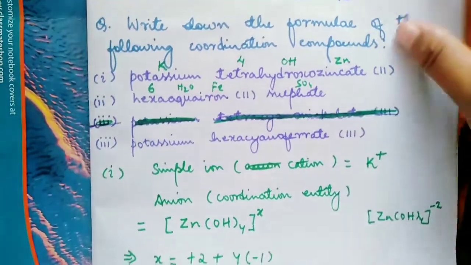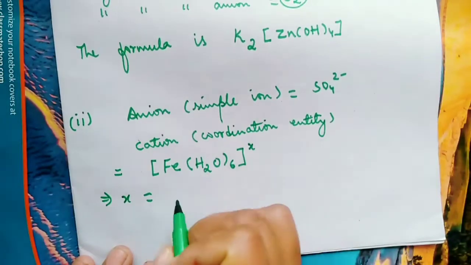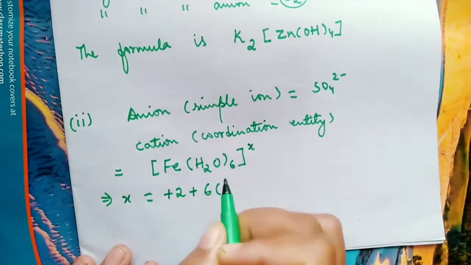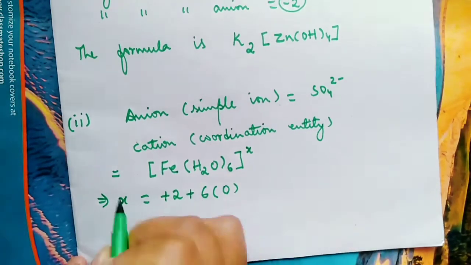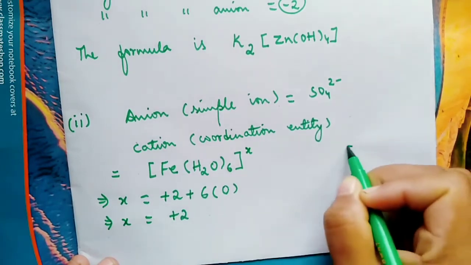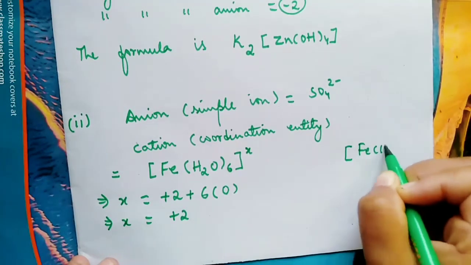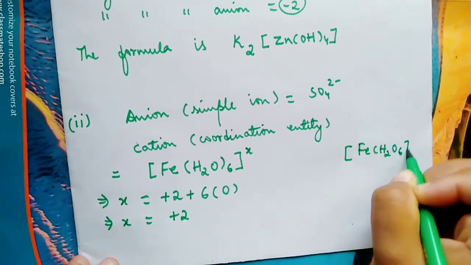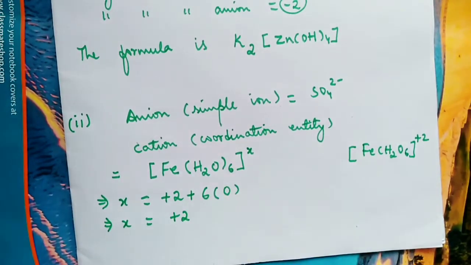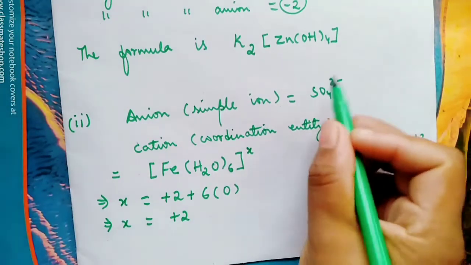It is plus 2, plus 6 into the charge of H2O. It is 0, it is neutral. So our X would be plus 2. Here we have plus 2, and look here, we have minus 2.